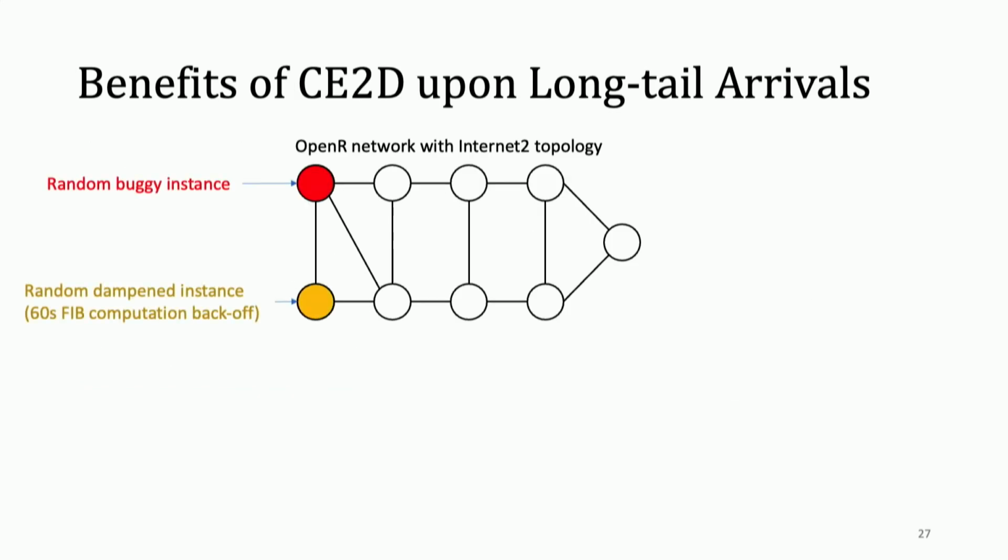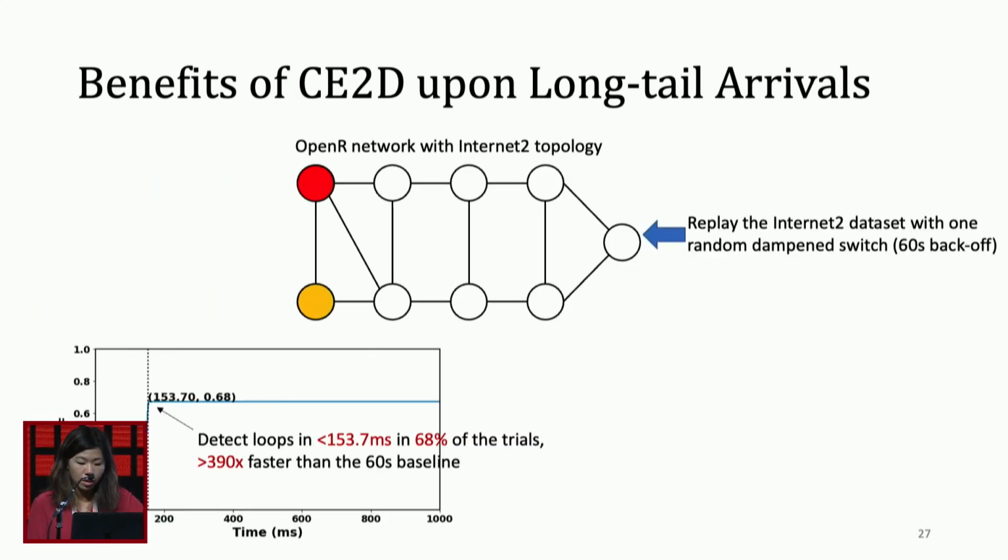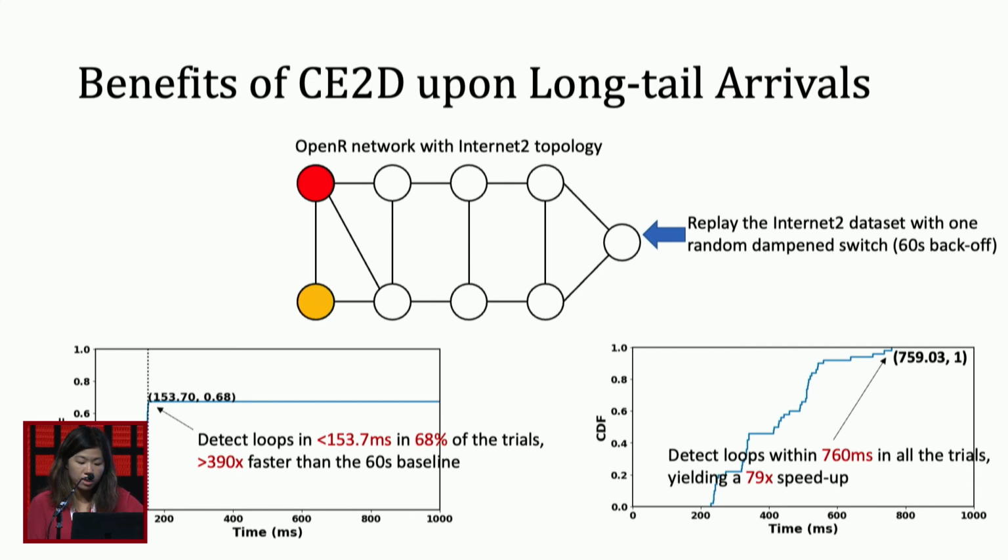And lastly, about the time of early detection, it also shows very promising results. Detecting loops takes less than 153 milliseconds, which is 390 times faster than the baseline. And we also tested on the Internet2 dataset, which is a 79 times speedup.